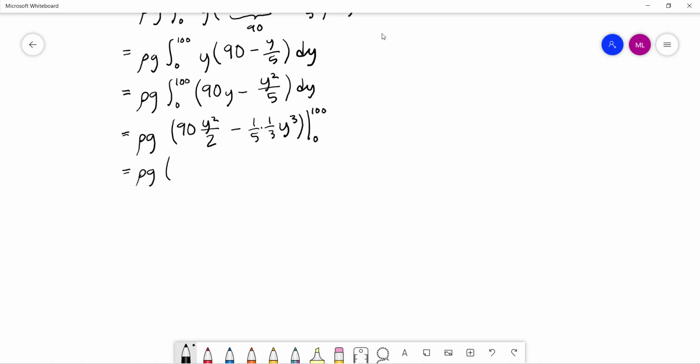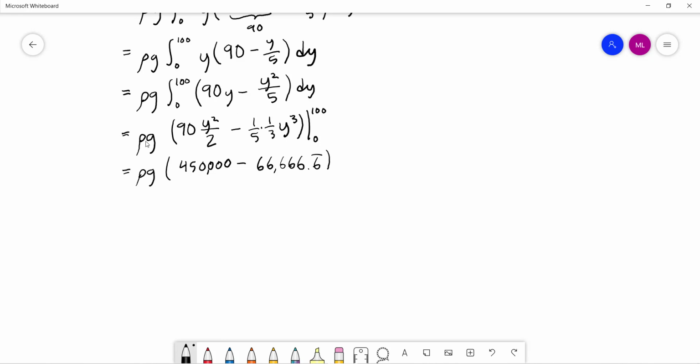All right, 10,000 over 2 times 90, yes, 450,000 from that piece. Over here, we're going to get 1/15 of 100 cubed. 100 cubed should be a million, and we're taking a 15th of that, which is 66,666.6 repeating.